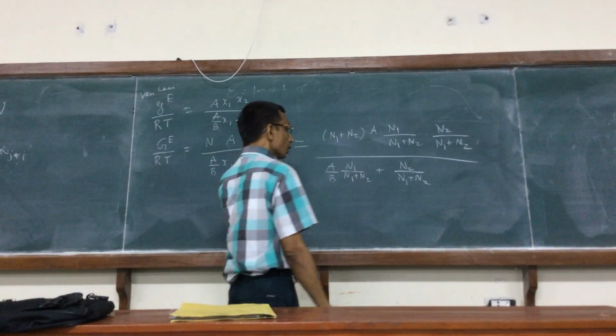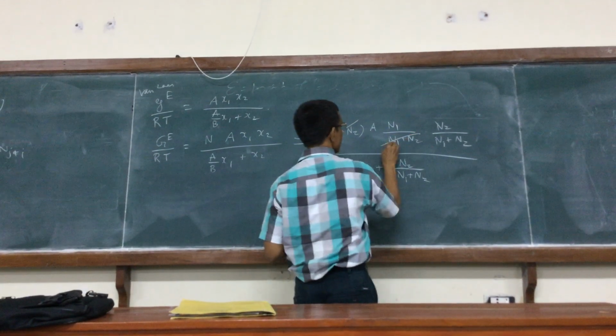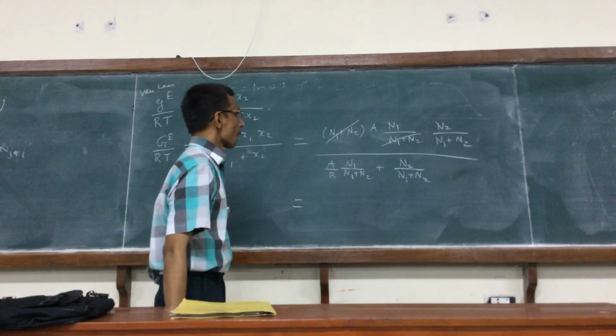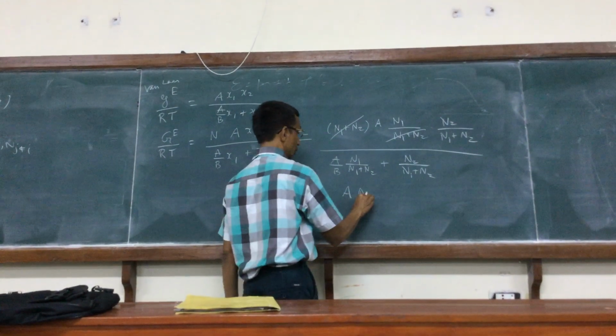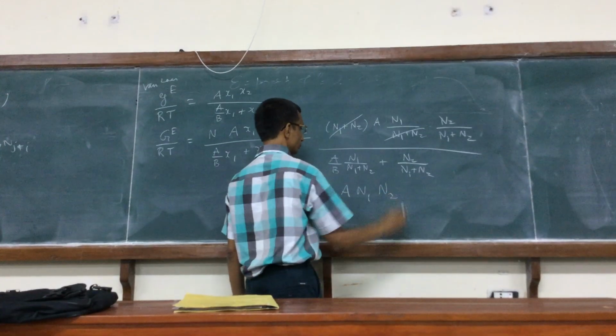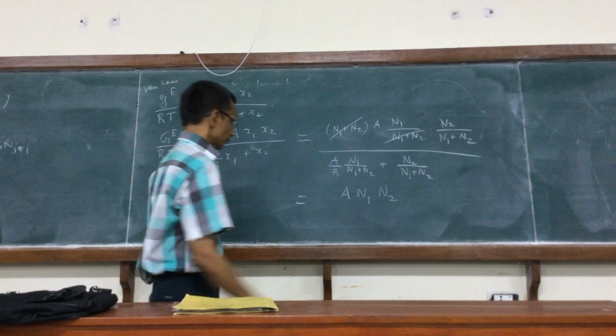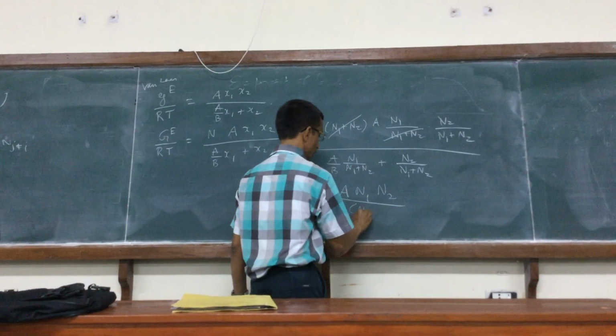So I can cancel one of these, and I get A N1 N2 divided by N1 plus N2.